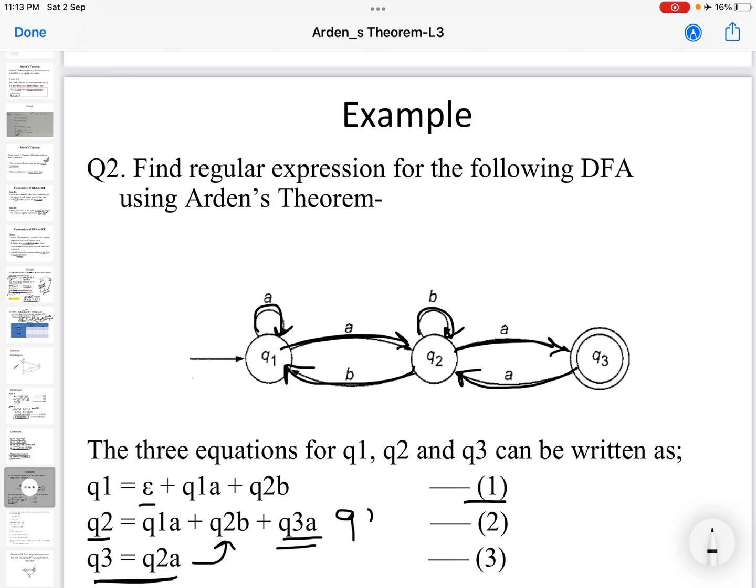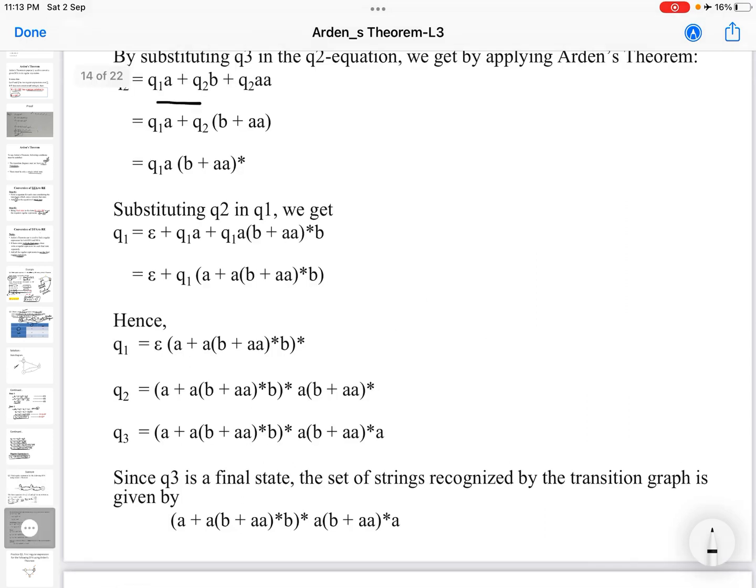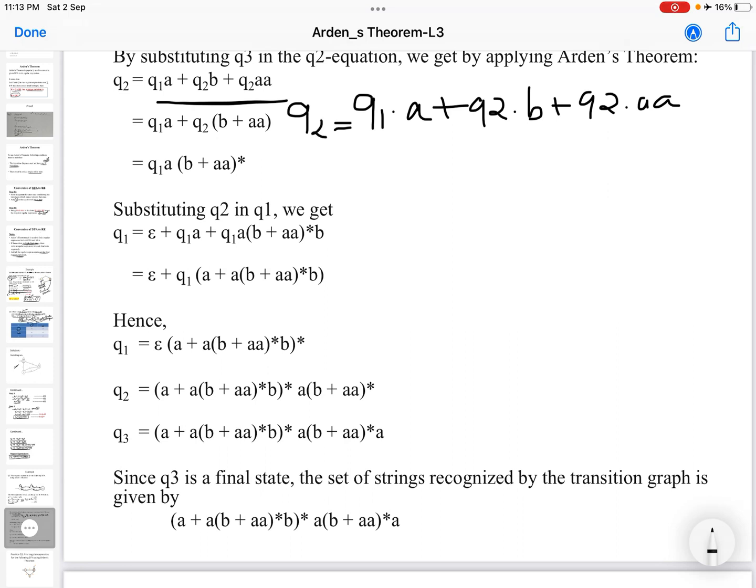Instead of Q3 into A, we'll write Q2 into A into A. So Q2 is equal to Q1 into A plus Q2 into B plus Q2 into A into A. So Q2 equal to Q1 into A plus Q2 into (B plus AA).